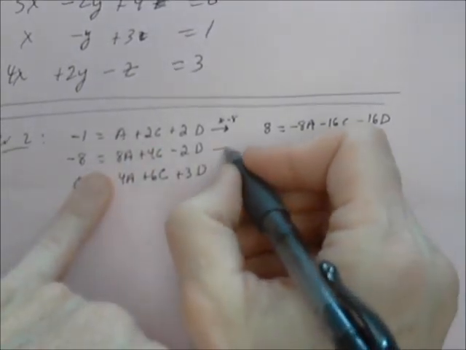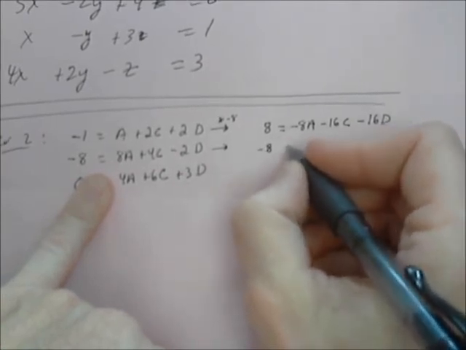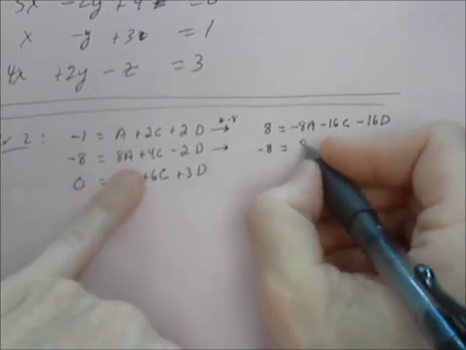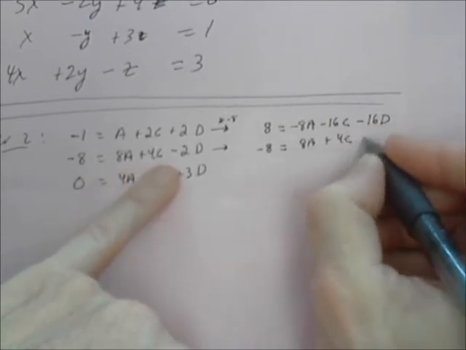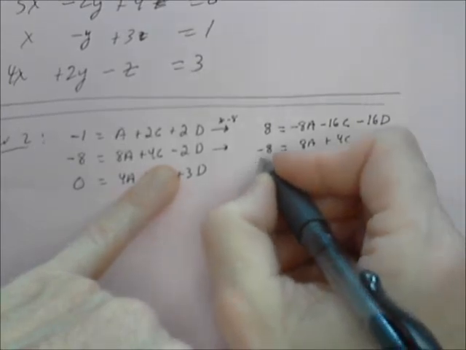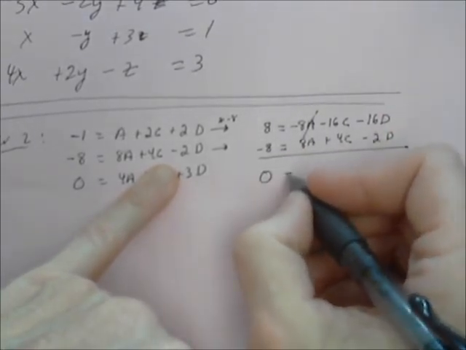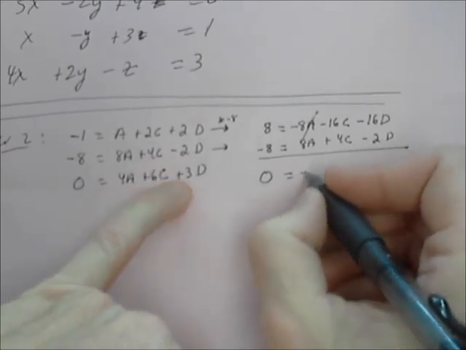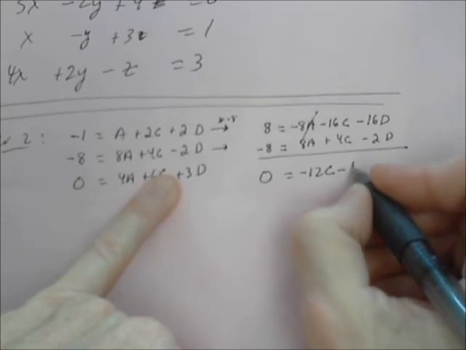This next equation, I'm not going to change at all. This just says -8 is equal to 8a plus 4c minus 2d. I'm going to add those two together to eliminate the a's. So we get 0 is equal to -12c minus 18d.